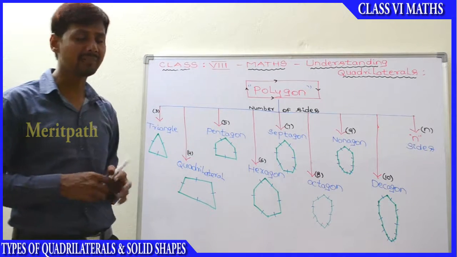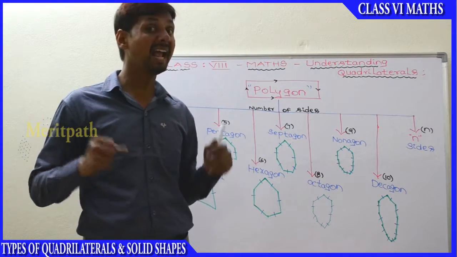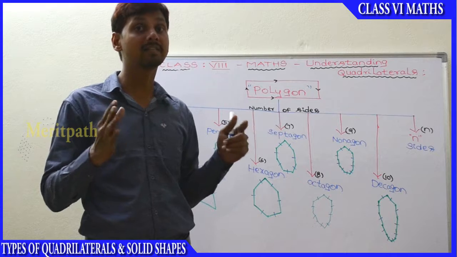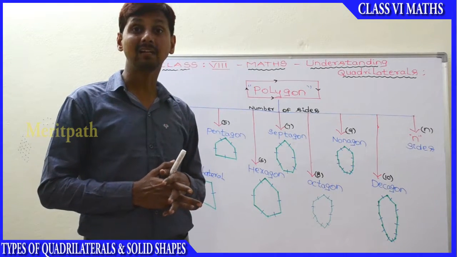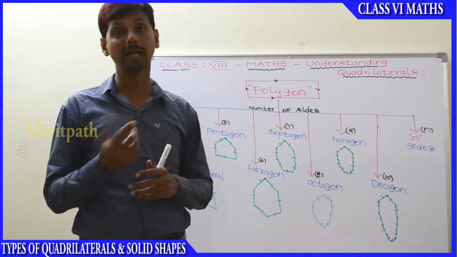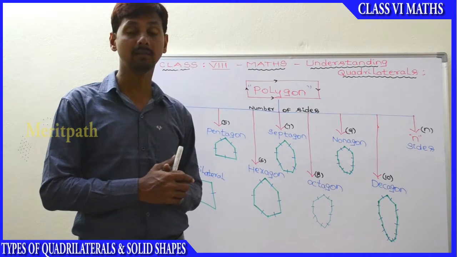And if it has n sides, where we don't know the number, then we call it the n-gon. Small n represents the number of sides.